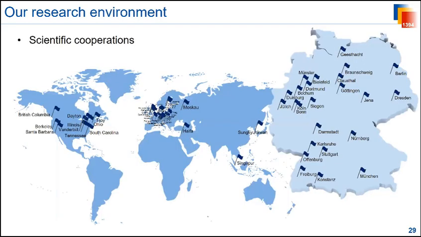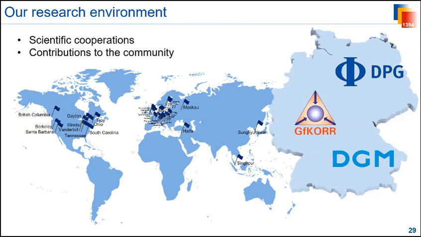We also have a strong international and national network in which we plan to showcase and integrate this CRC, and we provide really good opportunities for networking to our PIs and also to our early career researchers. The PIs actually are already active, for example, in the German community that you can see here. Examples are the Materials Physics section of the German Physical Society, the German Society for Materials, or Corrosion as well.